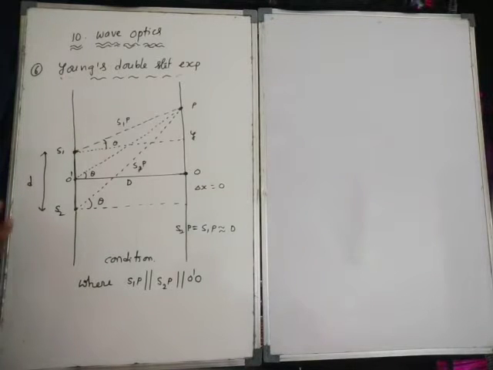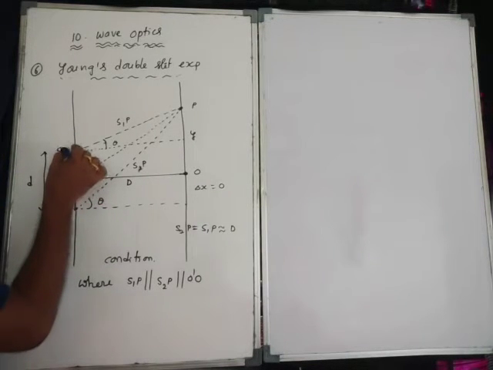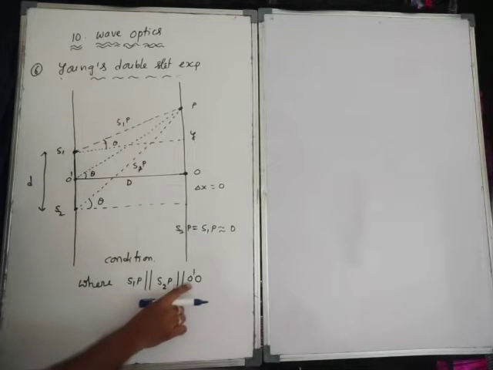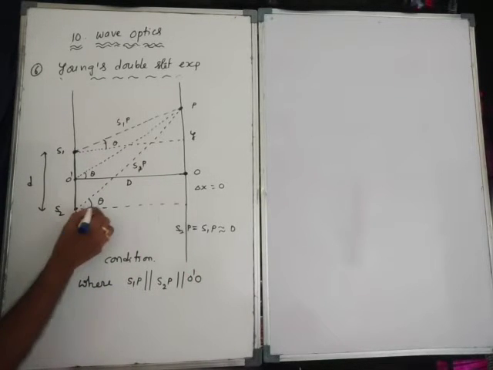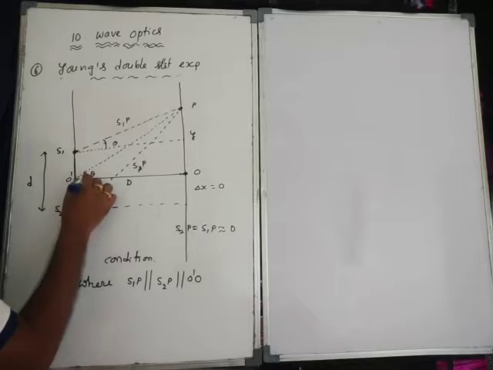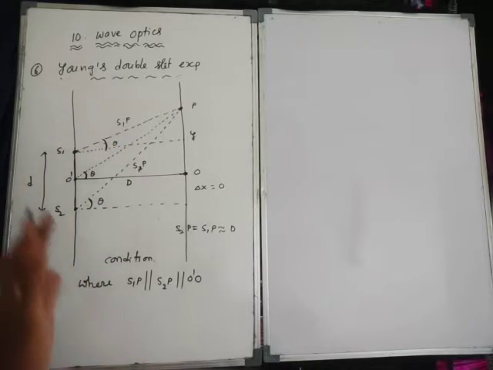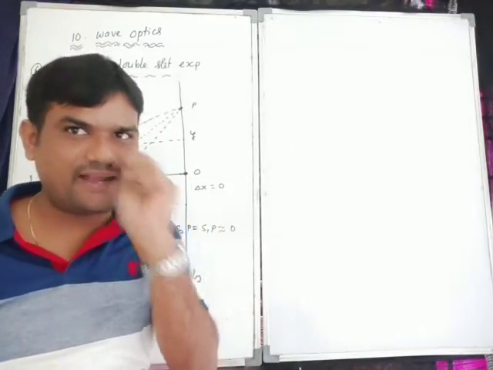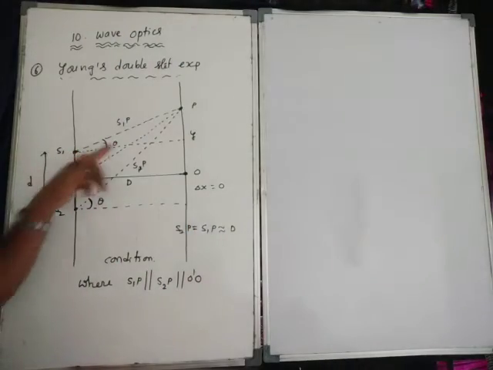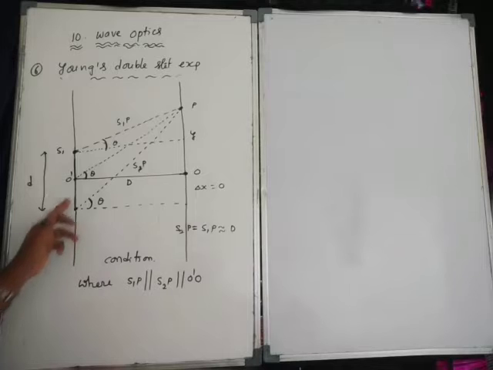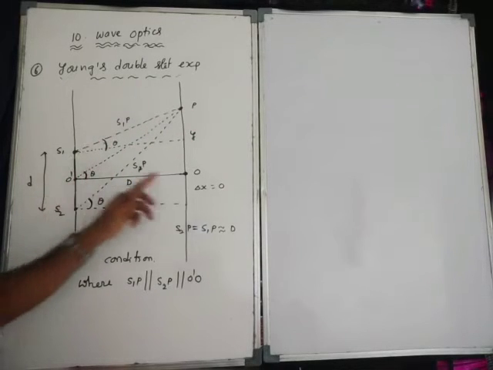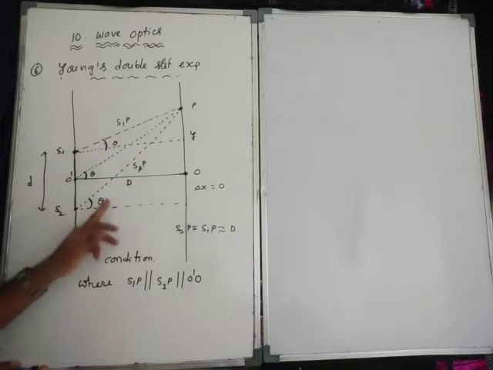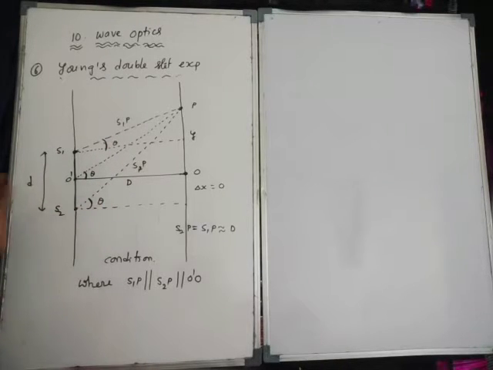And one more thing: remember S1P, S2P and O dash O are all parallel, so this angle and this angle and this angle are all the same. Parallel means the same angle, right? So this theta is the same everywhere.